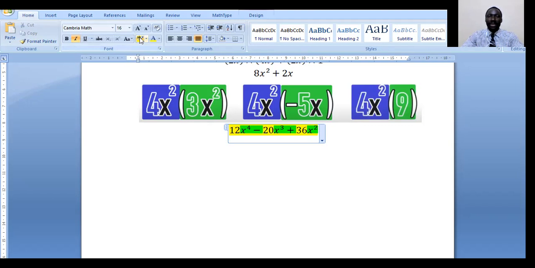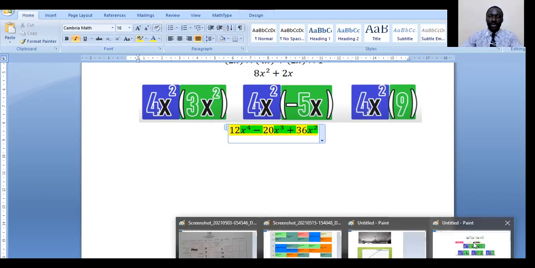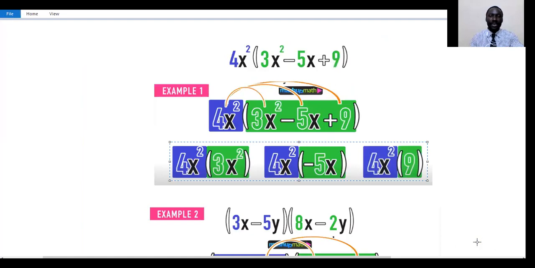Now, we will be moving on to the next question. We want to see how we can deal with the second question, which is example 2.